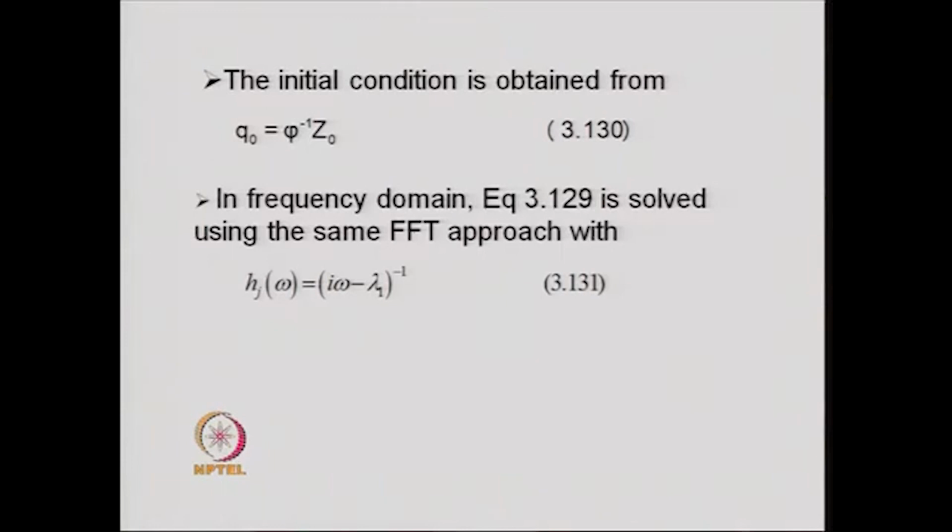So, the relationship that exists between the initial condition of the generalized coordinate and the actual coordinate system is shown over here. So, we require in that case the phi inverse.